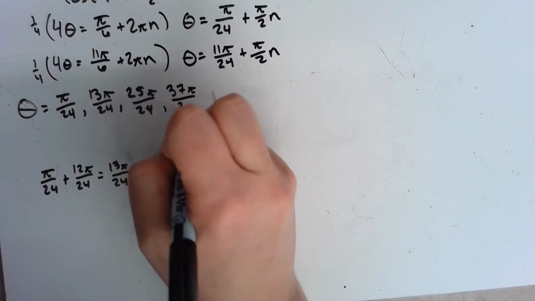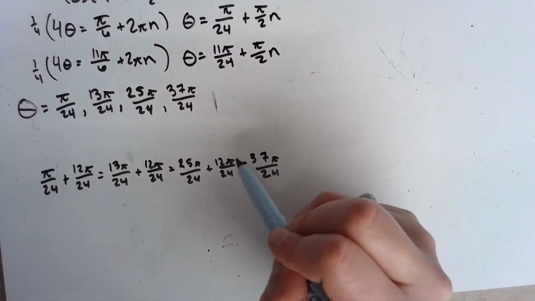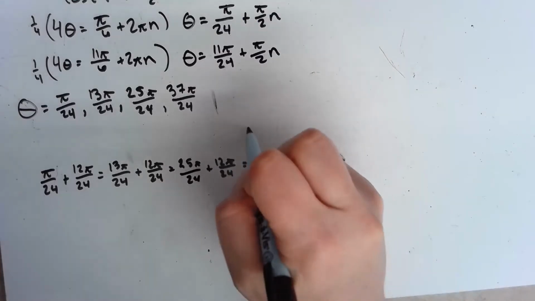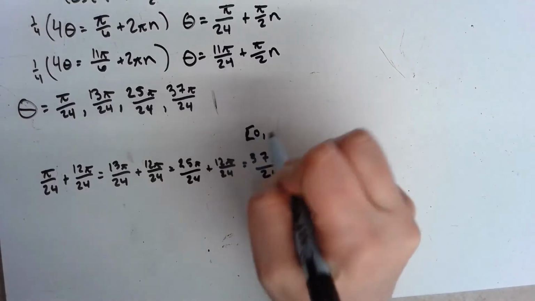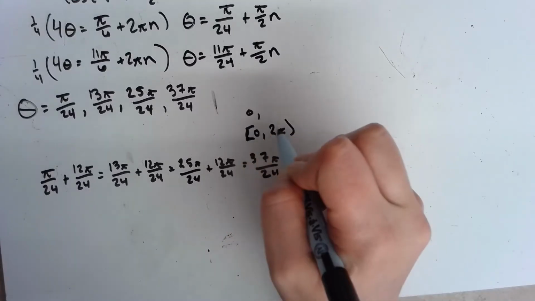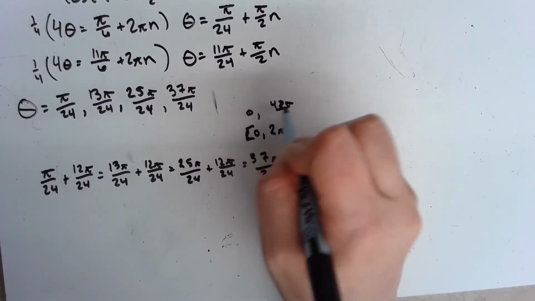Okay, at what point do I stop adding my 12 pi 24ths? Well, my range is between 0 and 2 pi. In terms of 24ths, 2 pi is 48 pi 24ths.